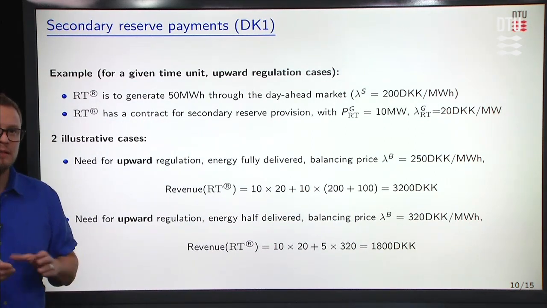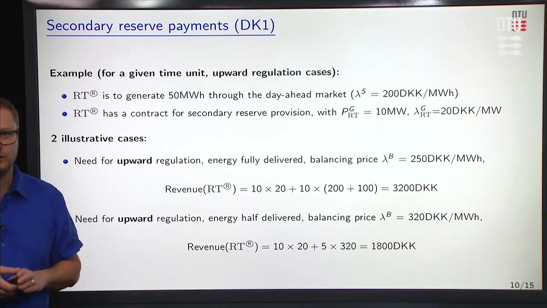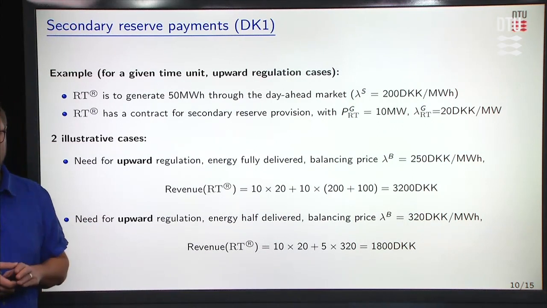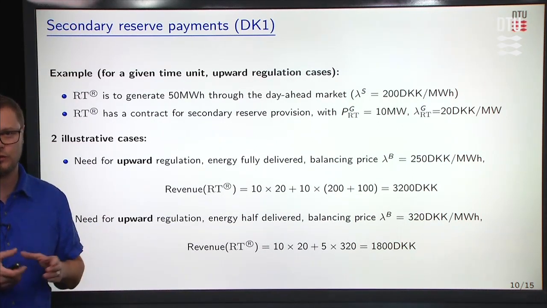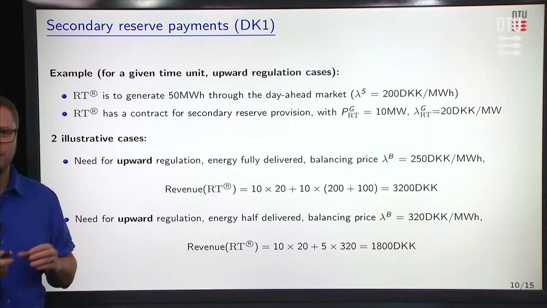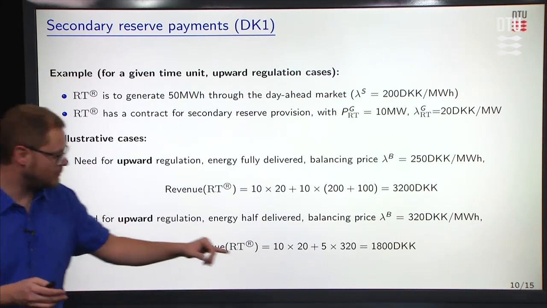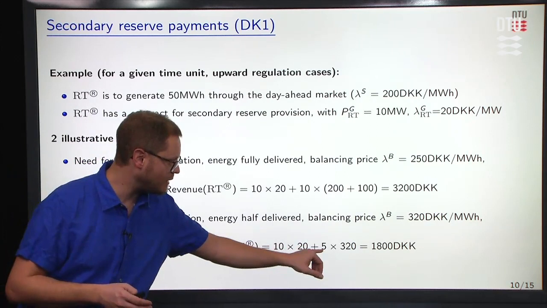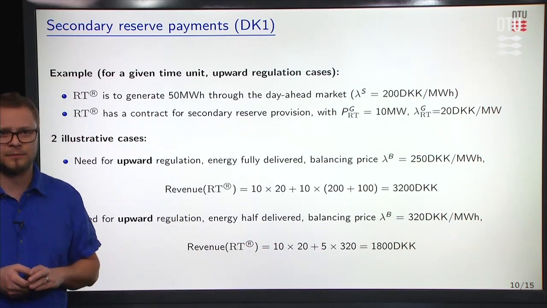In another case, through the usage of your capacity for secondary reserve provision, we could have that rogue trading is only delivering half of the energy that could be produced over this hour, so that's going to be 5 megawatt hour. The overall revenue in that case would be the capacity payment, as we had before, plus 5 megawatt hour times the price we should get for energy.